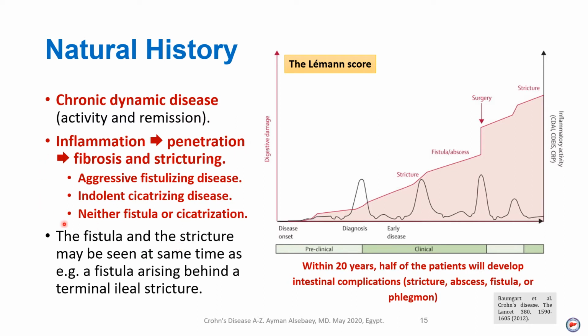So we can have the following patterns of the disease. The first one is aggressive fistulizing disease, indolent cicatrizing disease, or neither fistula nor cicatrization. Also, the presence of fistula and stricture may occur at the same time, because if we have a stricture, before it there will be increased pressure inside the lumen, which will facilitate the occurrence of fistula.